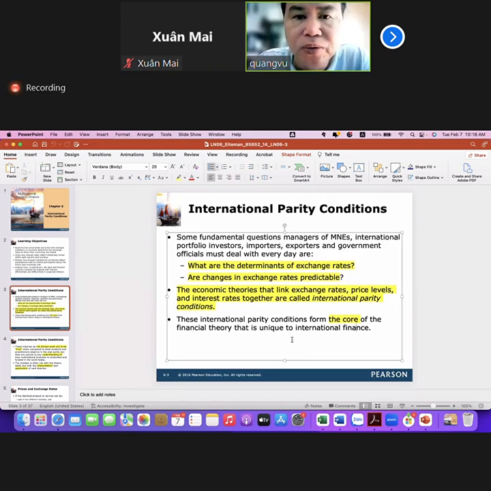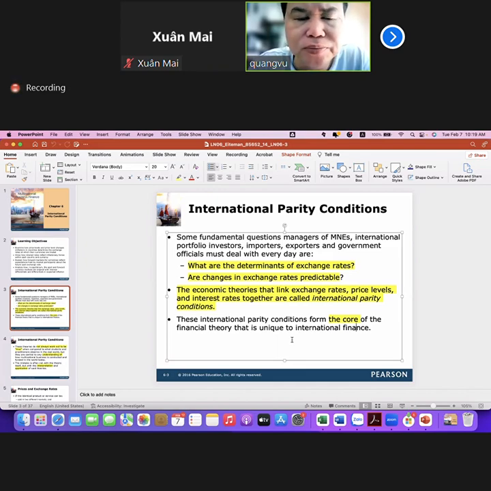Because later on, whenever you have to make a decision concerning exchange rate, the very first step for you to make a decision is to be able to predict the future spot rate, to forecast any potential changes in exchange rate. That's the point.